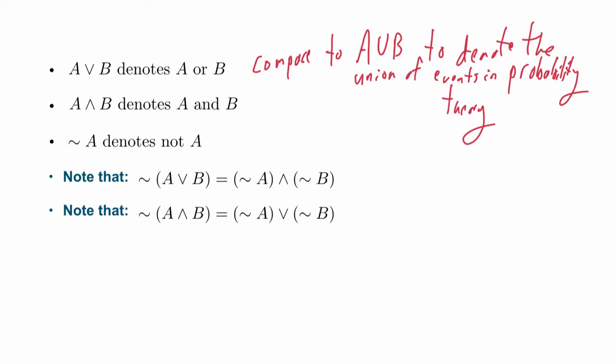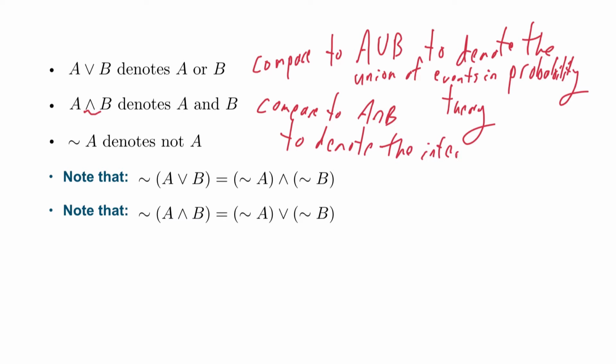Similarly, we have an upward-facing wedge to denote and. And this should be compared to A intersect B to denote the intersection of events in probability theory.